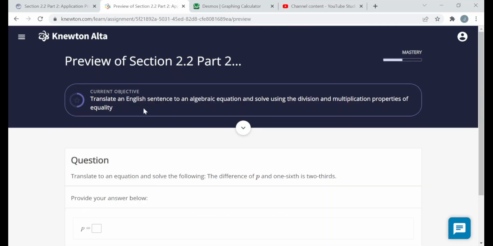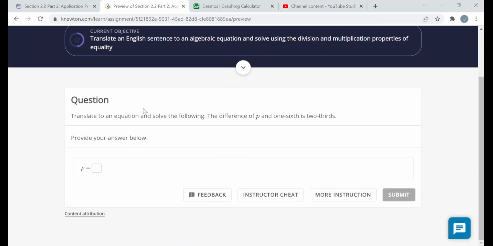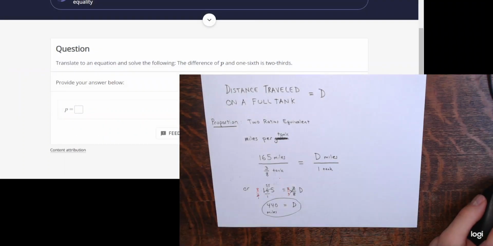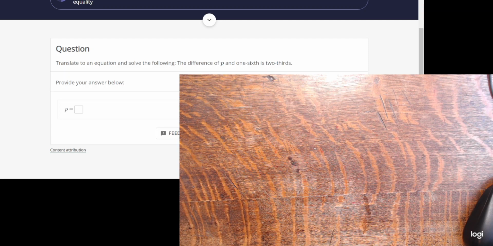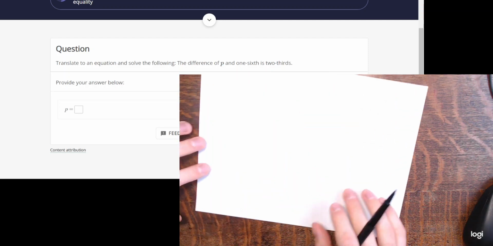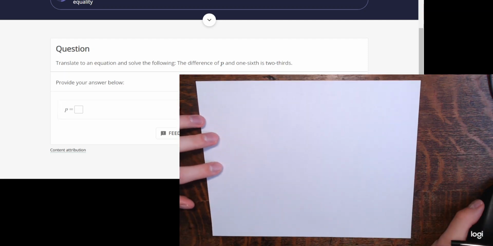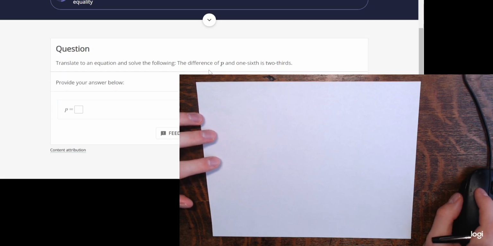All right, so now we're back to the other objective on just translating and solving. So once again, I'll put this up with my paper so you can see the question. So this is the difference, right? The word difference implies subtraction.